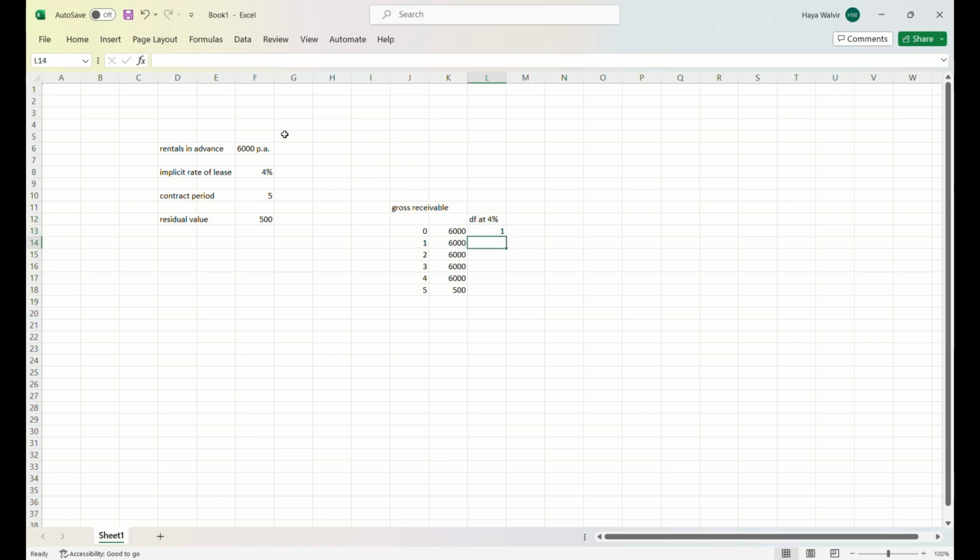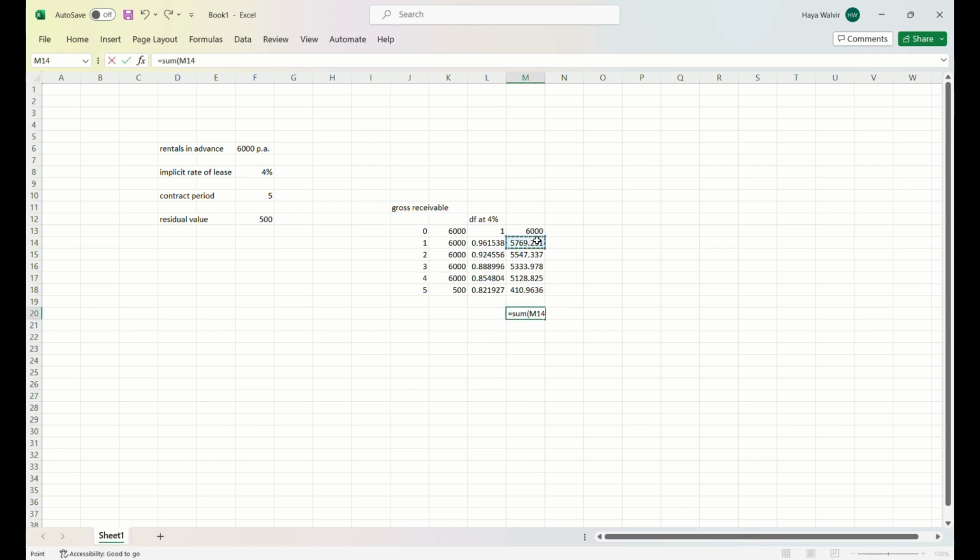The discount factor is going to be 1. Of course, at time 0, the value is going to be equal to this only, right? And then 1 by 1.04, the whole power 1. That's how I'm going to simplify my calculations and make use of spreadsheets, right? Smart, I know. Just kidding. This into this and then bring it down.